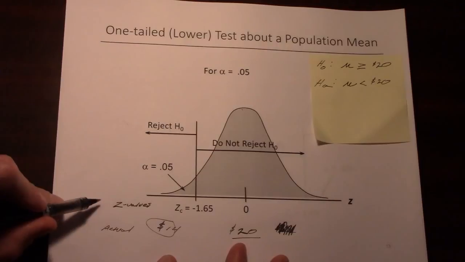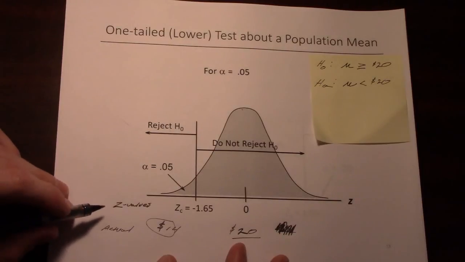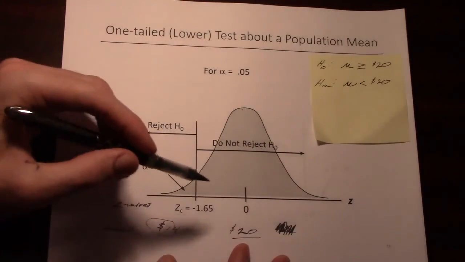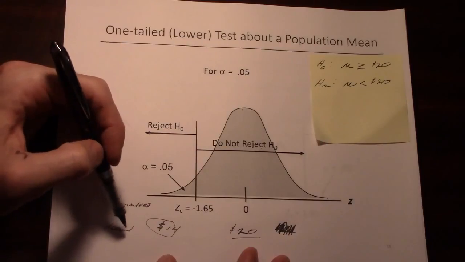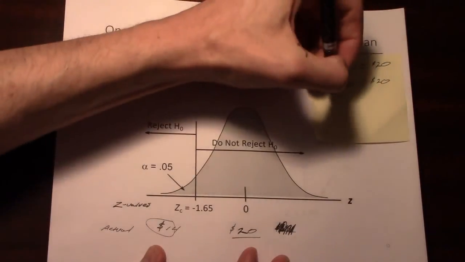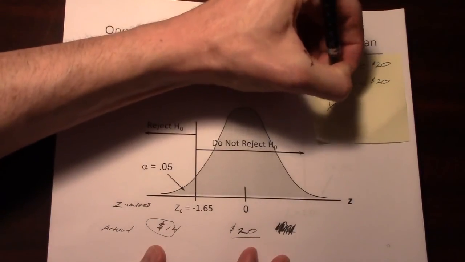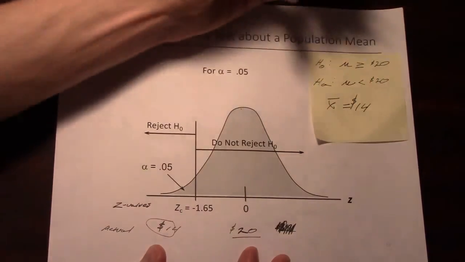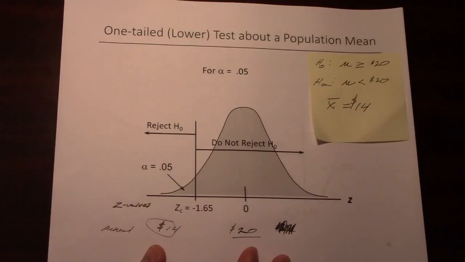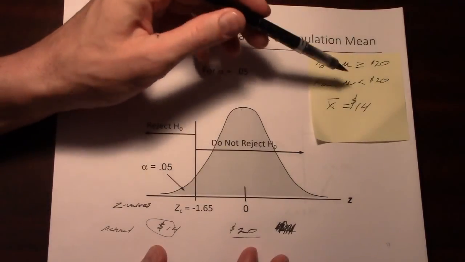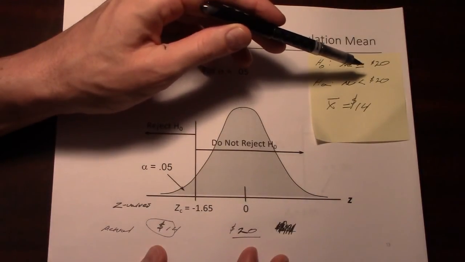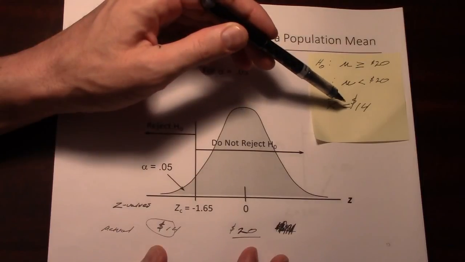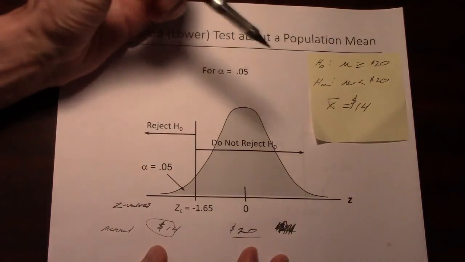Sorry if this is confusing, but say we come up with a sample mean of $14. Okay, so we've got our sample mean of $14, and you say, well, wow, that's significantly less than $20. Is it enough less than $20 to reject your null hypothesis?